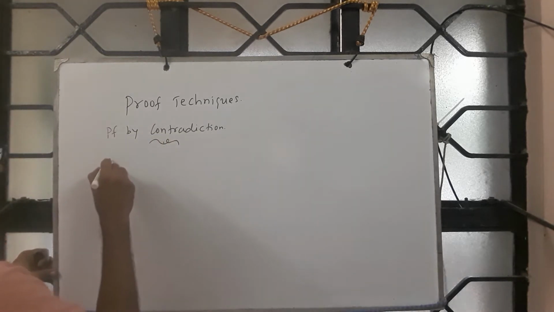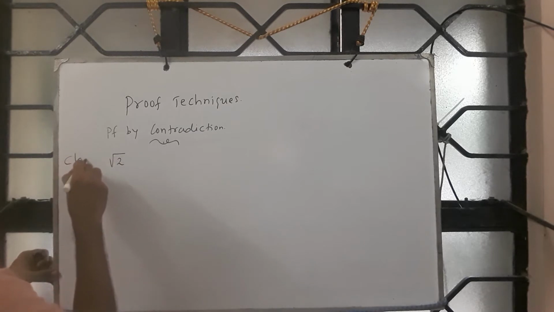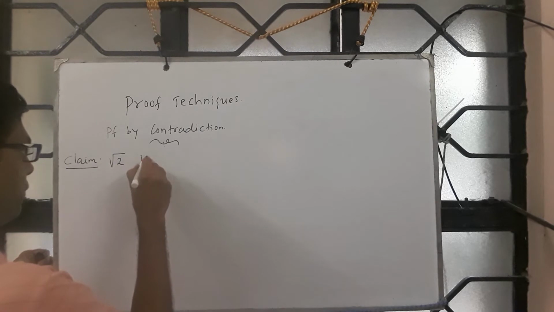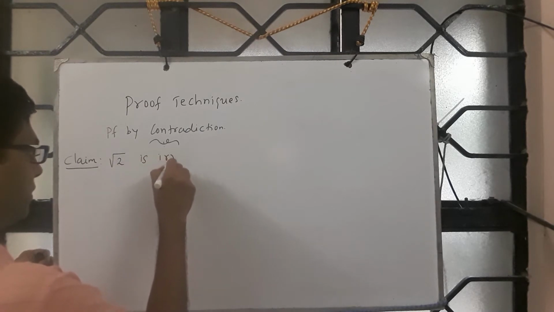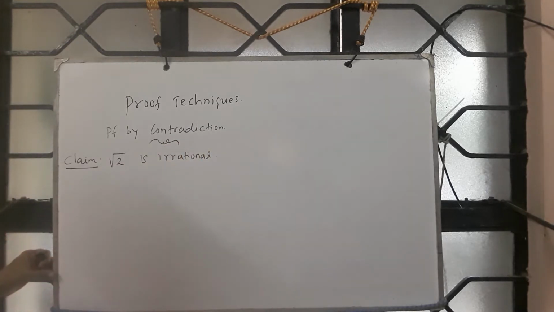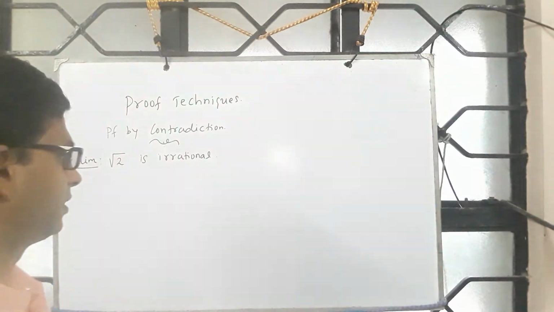So I want to show that root 2, this is my claim. We want to show that root 2 is irrational. So we want to show that the number root 2 is irrational.